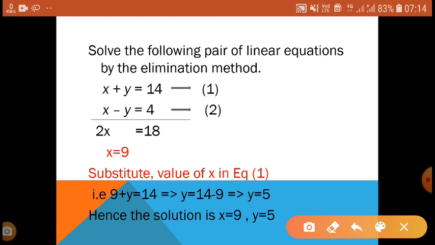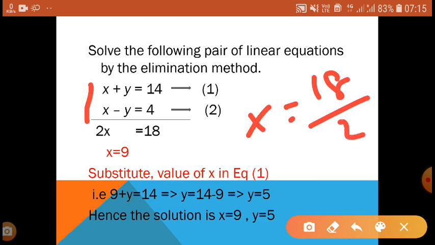If I add x plus x, 1x plus 1x becomes 2x, and y plus minus y becomes 0, so y got eliminated. And now 14 plus 4 is 18. So 2x equal to 18, so x equal to 18 by 2. Both can be divided: 2 nines are 18, so we got x equal to 9.